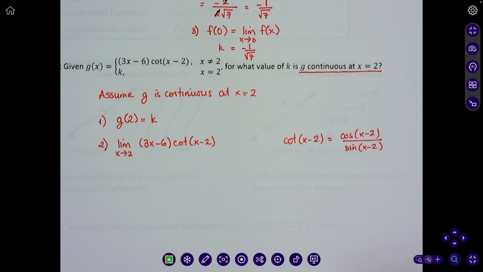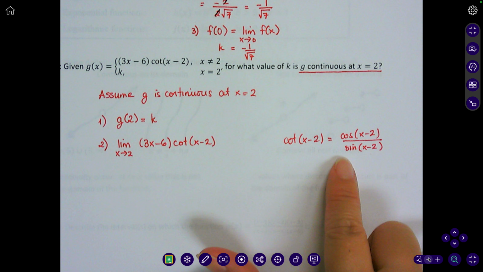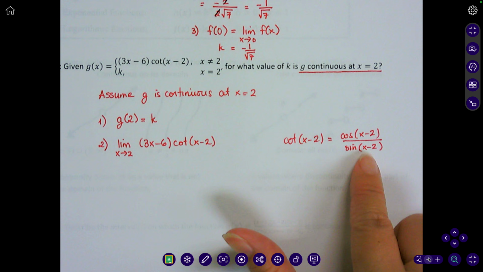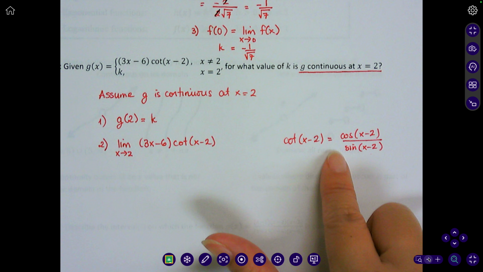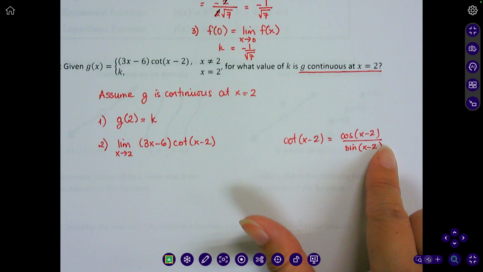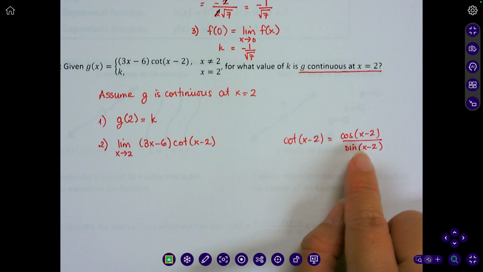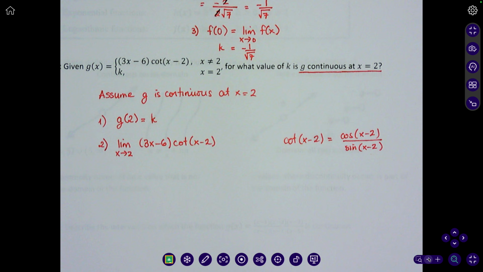So now that I have something like that, I need to check first though. If I plug in a 2 here, would this denominator be undefined? You guys see that? Would this be undefined? Well, if I plug in a 2, what's sine of 0?